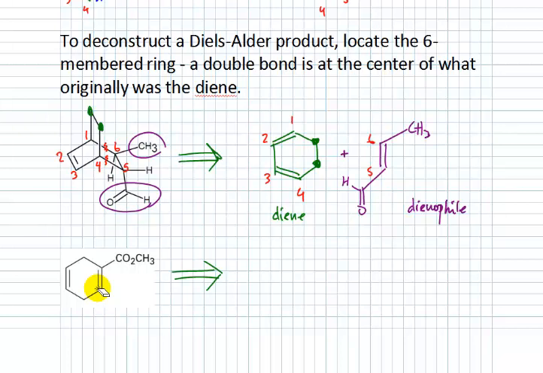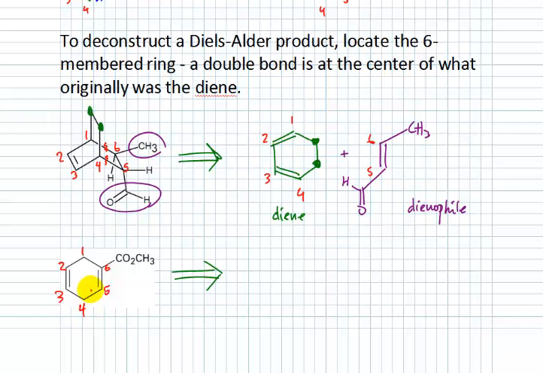There's a 6-membered ring and 2 double bonds. Okay? So we have our choice here. The only other thing we have is COOCH3. That's an electron withdrawing group, so that must have been part of the dienophile. For instance, carbon 6 of the dienophile. If I do 1, 2, 3, 4, then the other double bond is between 2 and 3, like it should be in a Diels-Alder product.